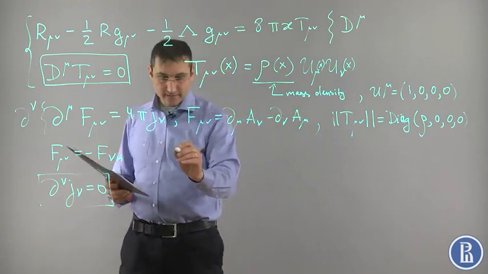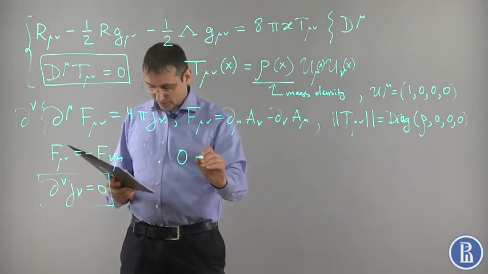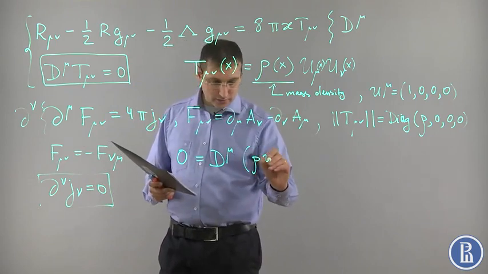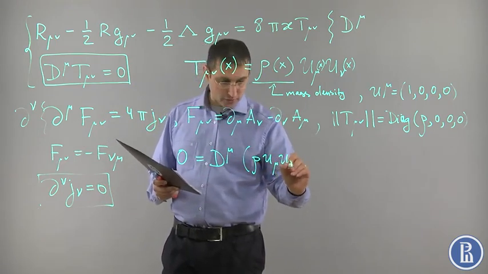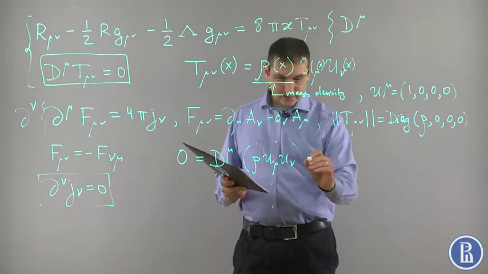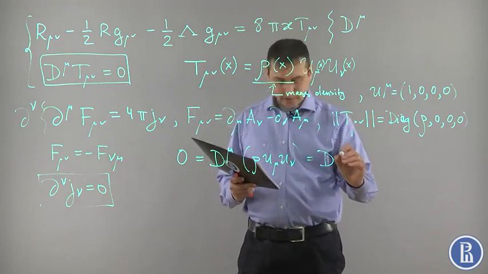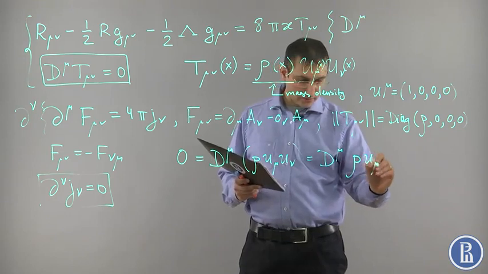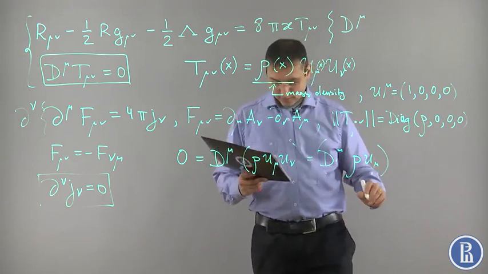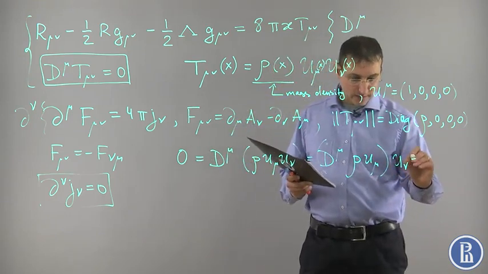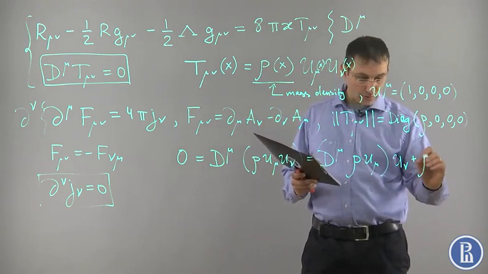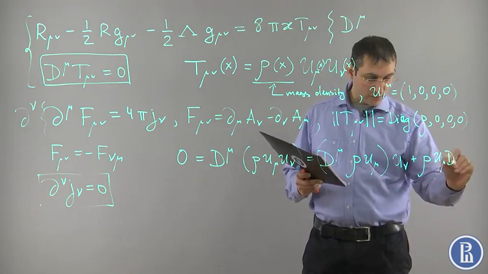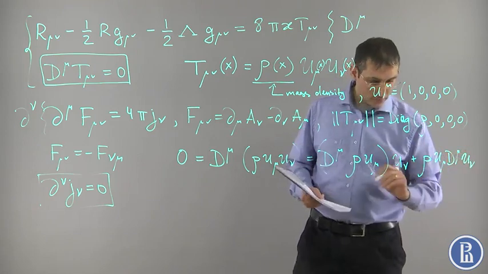So we have that d mu T mu nu equals the following thing: d mu of rho u mu u nu. And then this can be put to be equal to d mu of rho u mu times u nu plus rho u mu d mu u nu.